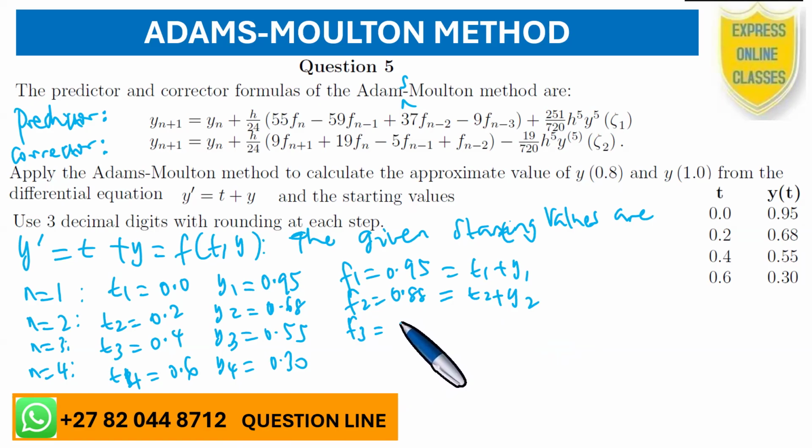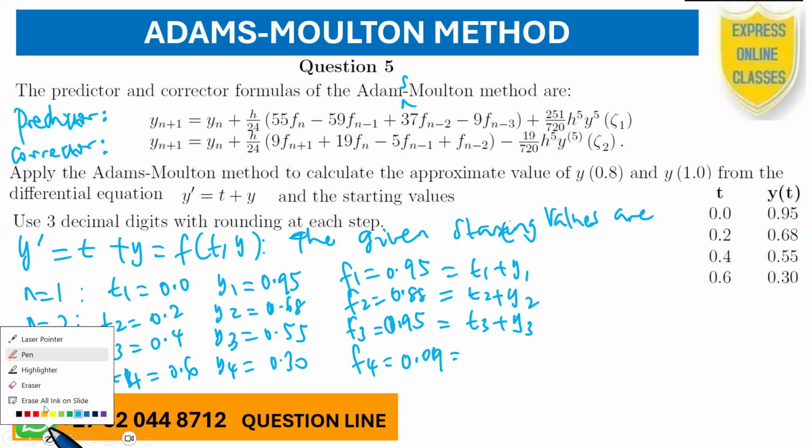F3, 0.95. T3 Y3. F4. F4 is 0.9, but how do we get 0.9 for F4?